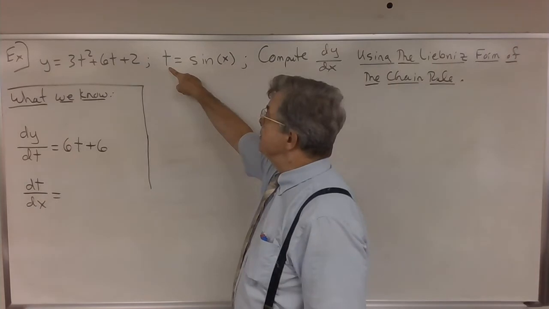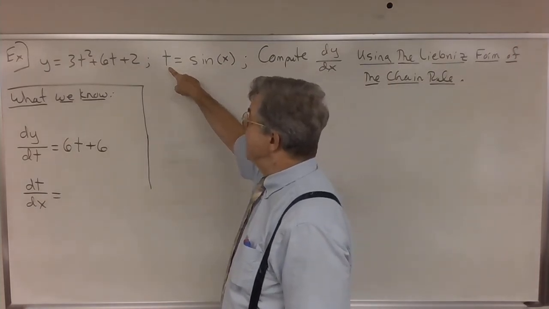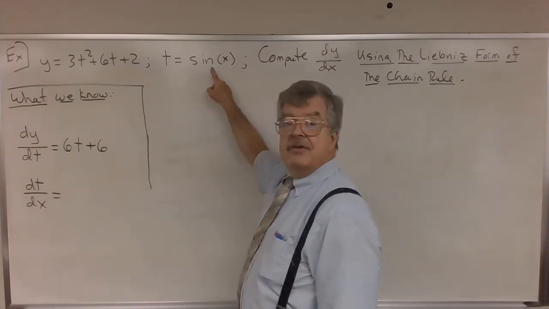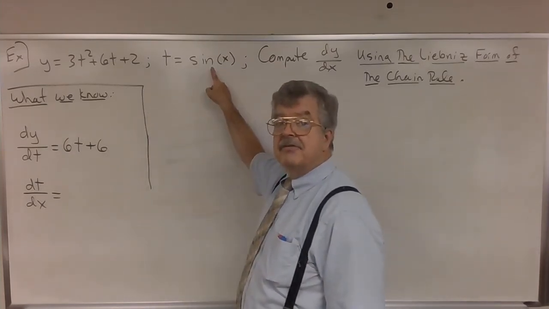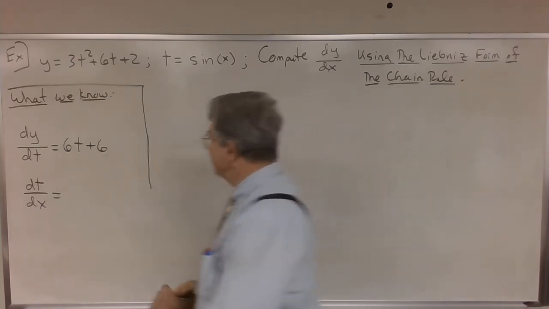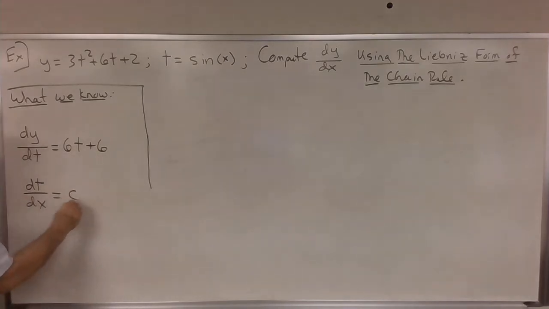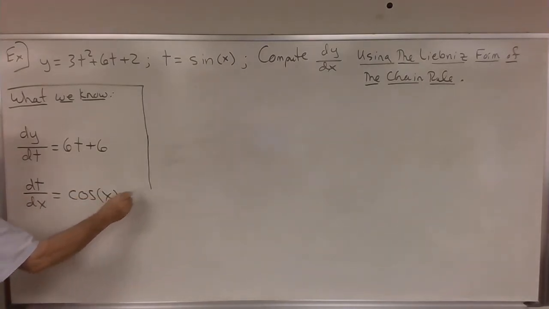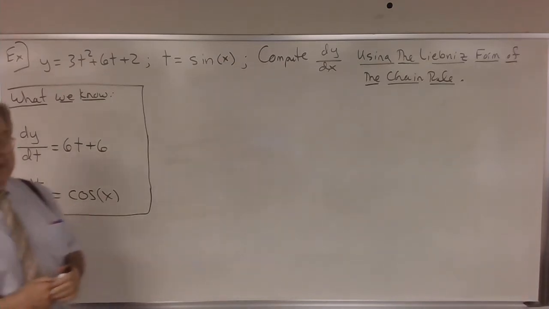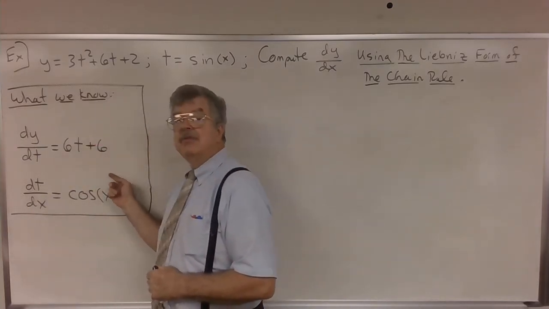So if I compute the derivative of t as a function of x, I get dt/dx. And if I compute the derivative of sine of x as a function of x, I get cosine of x, right? So these were not things that we knew, but they were things that we could easily deduce. And now that we've written them down, these are things that we know. So we do know these things now.